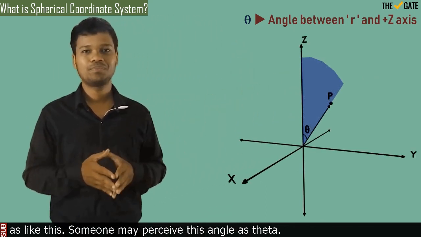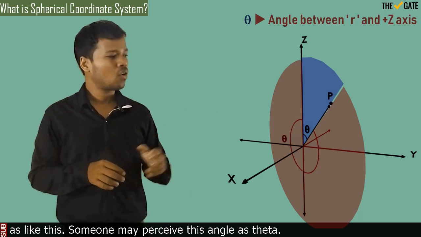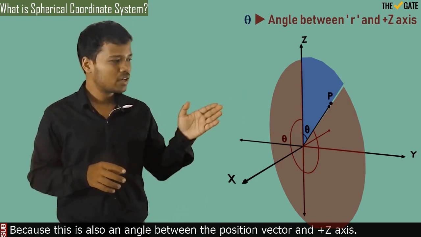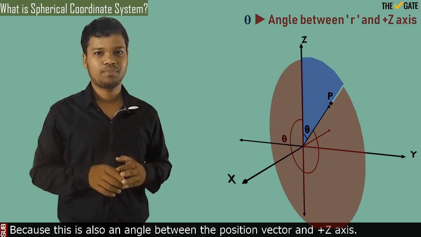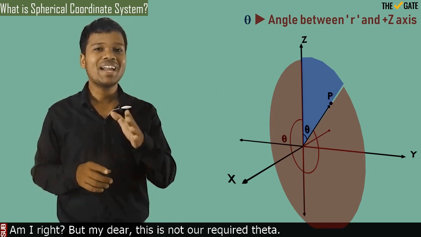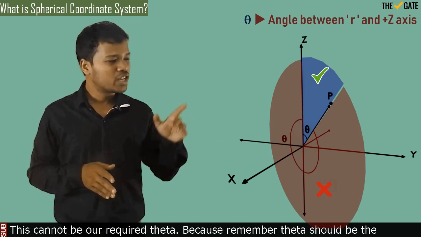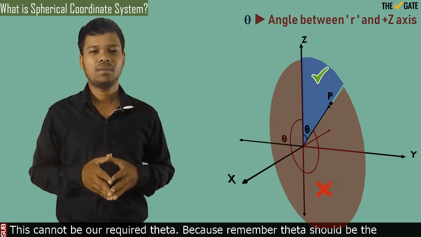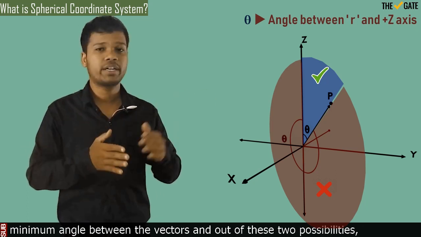Someone may perceive this angle as theta, because this is also the angle between the position vector and the plus z-axis. But this is not our required theta, because remember, theta should be the minimum angle between these vectors.